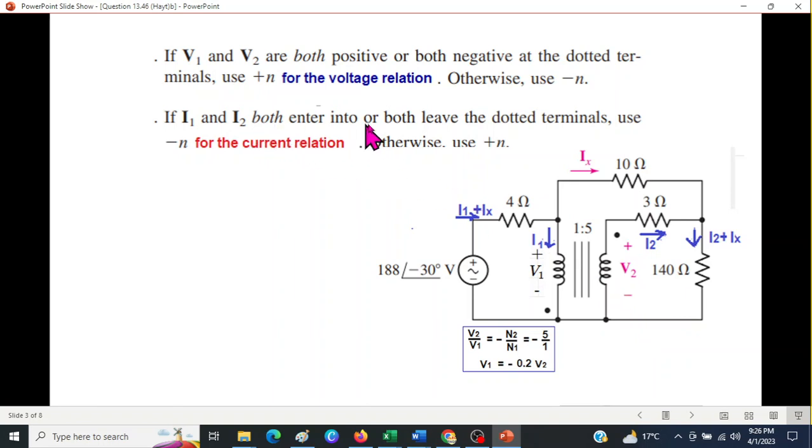So both are leaving the dotted terminal, and we have to use minus N in the case of current. So I1 over I2 will be negative N2 over N1, equal to negative 5 over 1. So I1 is equal to negative 5 I2. Now these two relations we'll use to simplify the circuit.